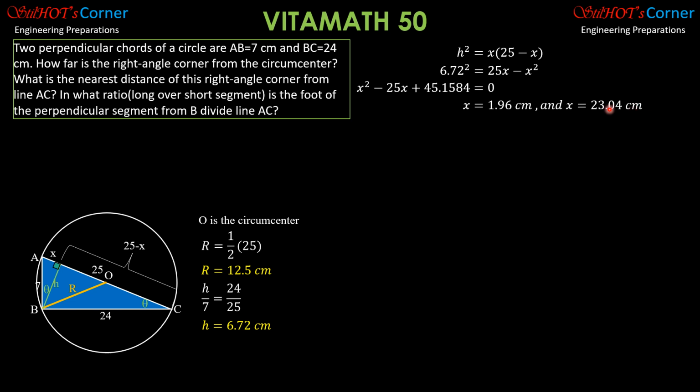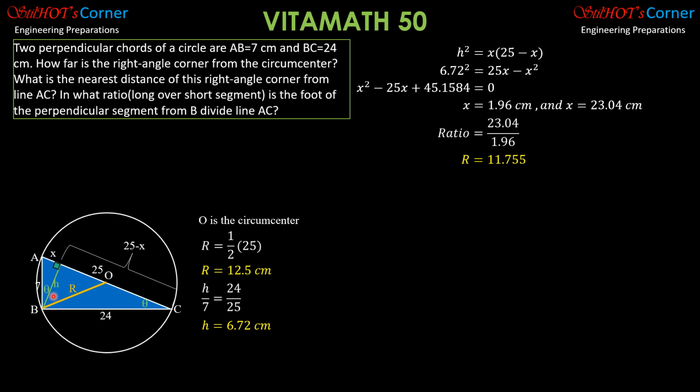So therefore, we treat this 25 minus x automatically. So the ratio is 23.04, the long segment, over the short segment 1.96. So in decimal, that would be 11.755. The exact fractional value is 576 over 49.